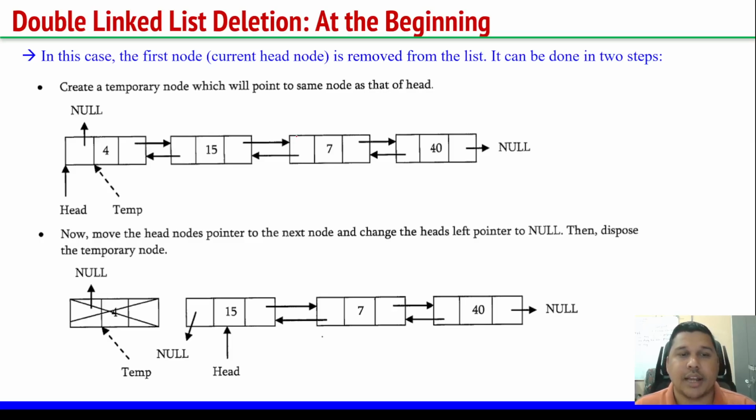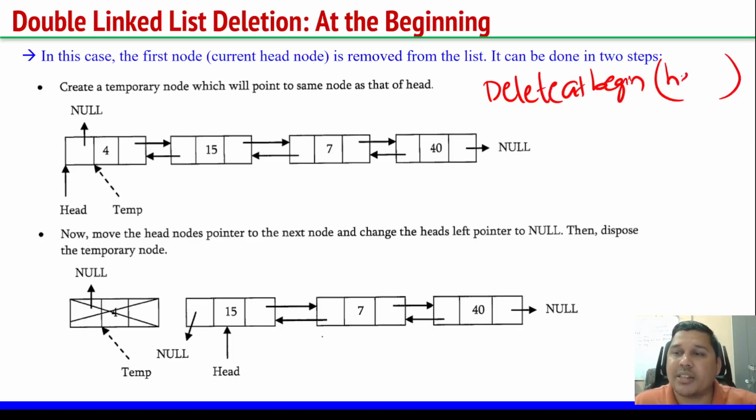I hope it is clear. The code logic is very simple. You have to call a function, and in that function you will write delete at begin. You will have a function like this, and you will pass the head as the value. In that, if the head itself is null, say the list is empty, there is no element.